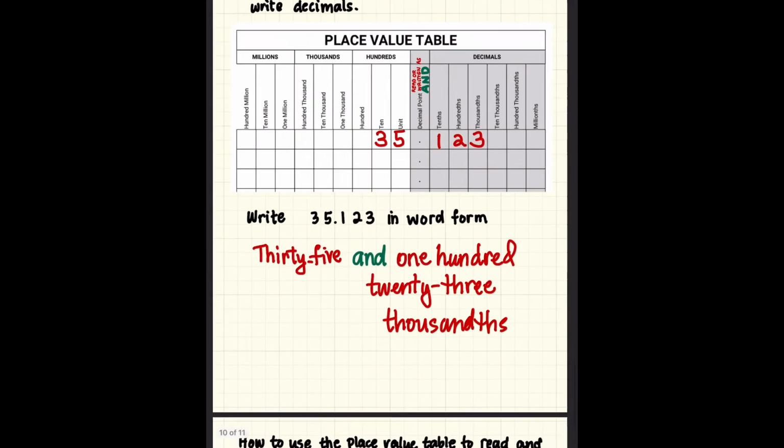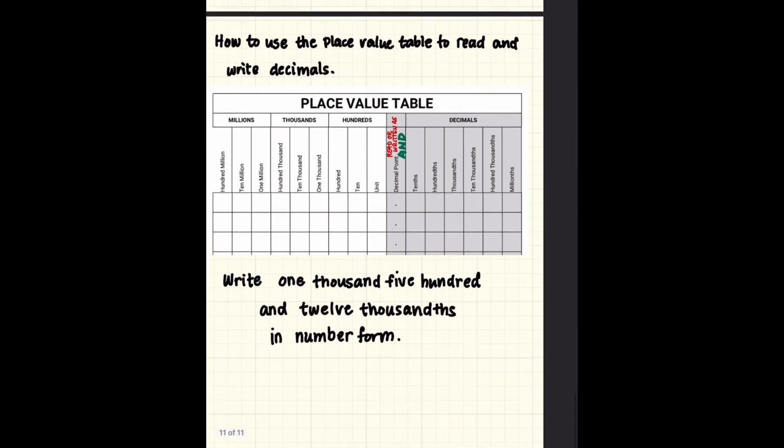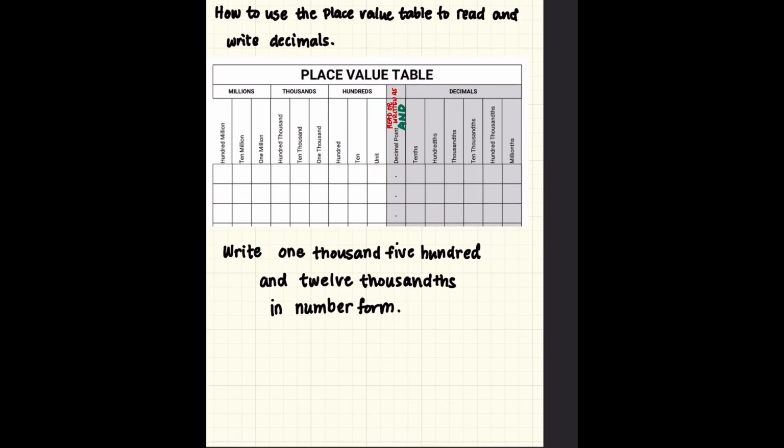Now let's go to the opposite. We have something written in word form. How do we put this now on the place value table? Let's look for where the decimal point is. As we said, it is read or written as and.